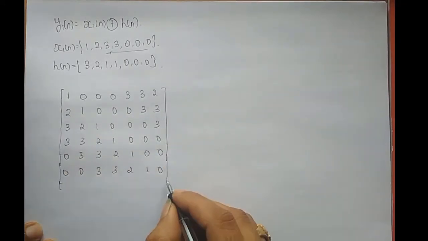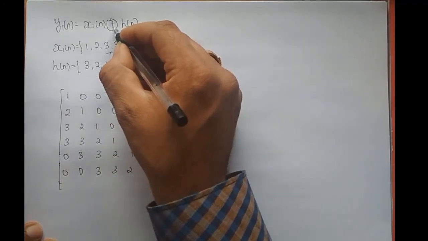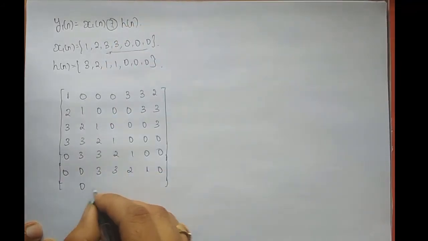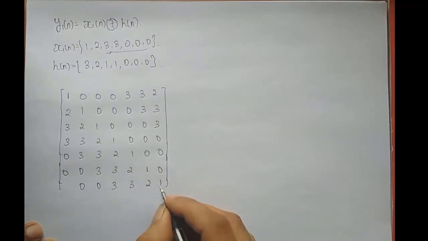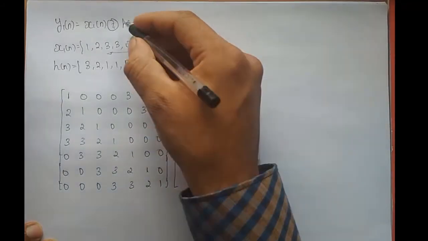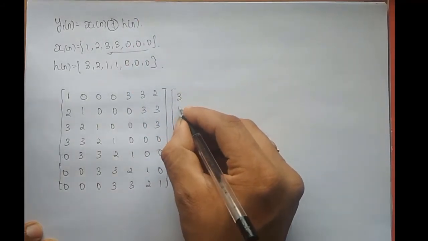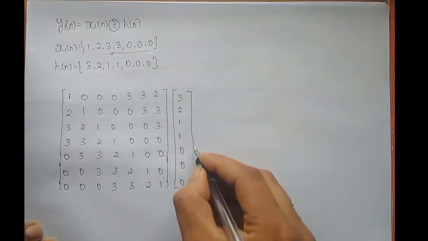So keep on doing this until number of rows becomes equal to 7, because it's a 7 point sequence convolution, right? So 0 0 3 3 2 1 0. So this matrix has to be multiplied with the impulse response, which is 3 2 1 1 0 0 0.